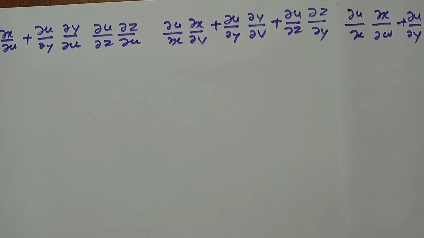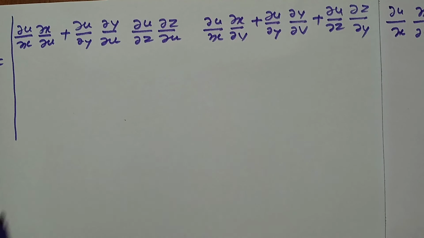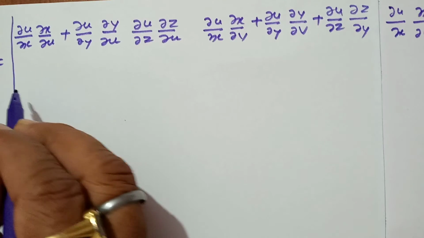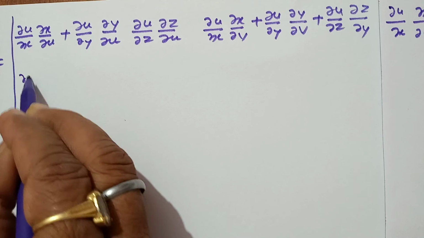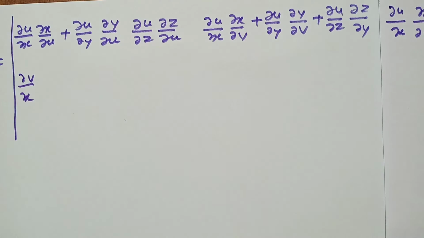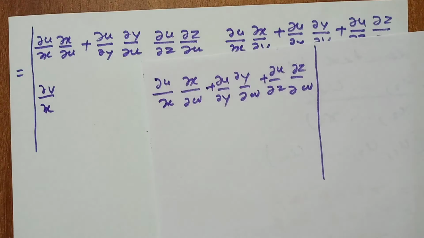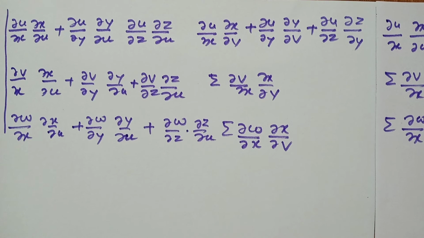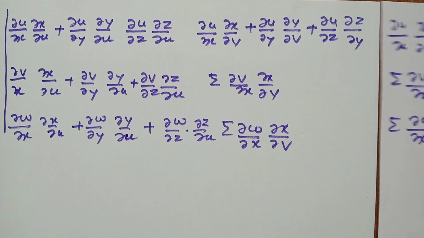Now in the second row we will write ∂v/∂x. For the second row, we will multiply second row first column, and then second row second column, second row third column.